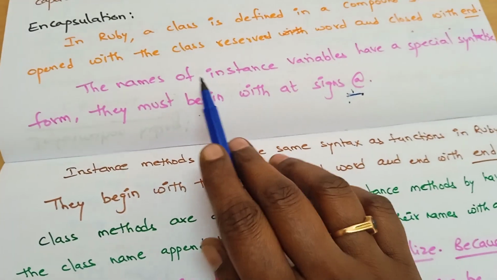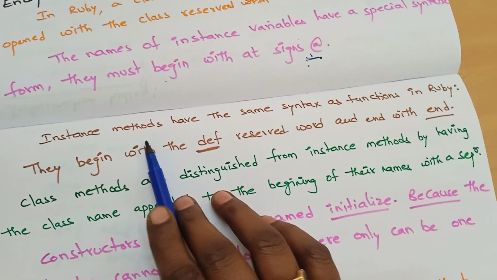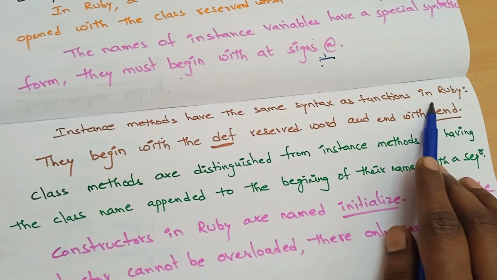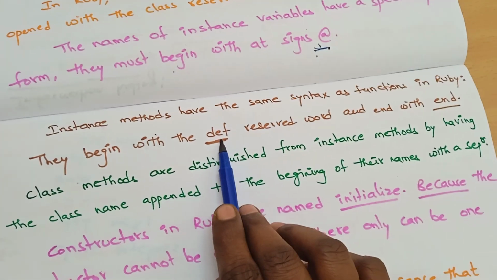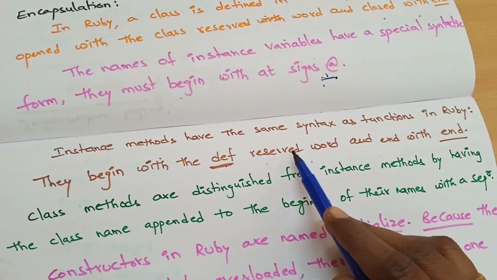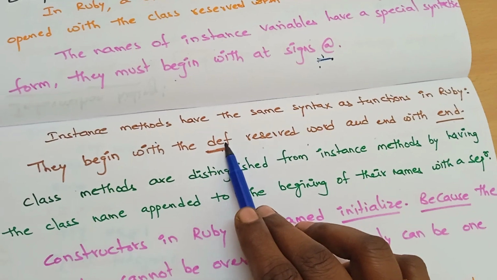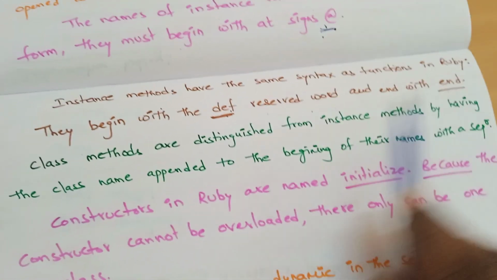Not only the instance variables, the class will also have instance methods, which have the same syntax as functions in Ruby. They begin with the def reserved word and end with the end. A class begins with class and ends with end. A method will also start with the definition keyword and end with end.